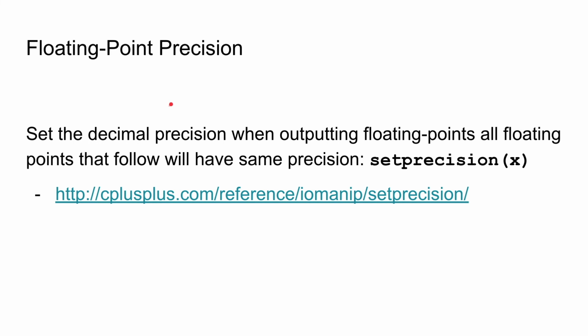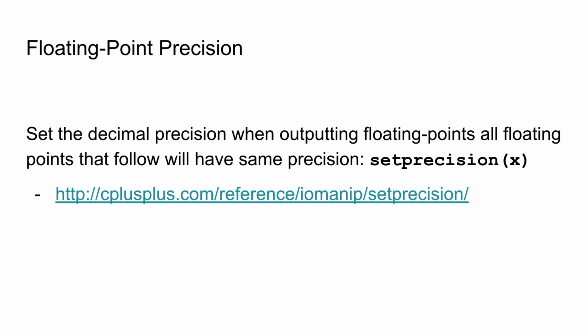Lastly, let's look at how to set the precision of floating point numbers that are being output. And we can do that using this setprecision manipulator. And we pass this setprecision manipulator some integer, and that integer will set the precision of all the floating point numbers that follow that setprecision.